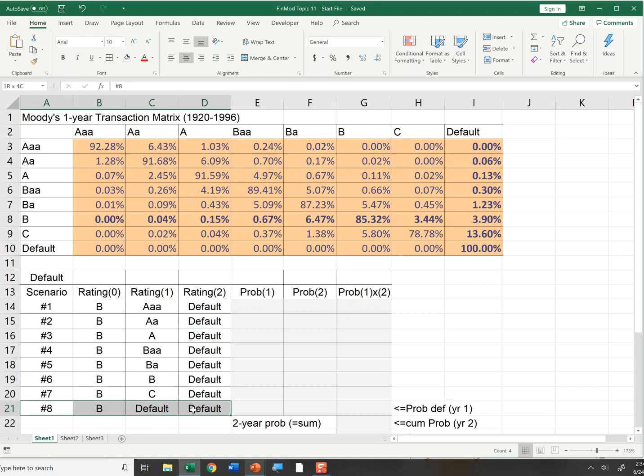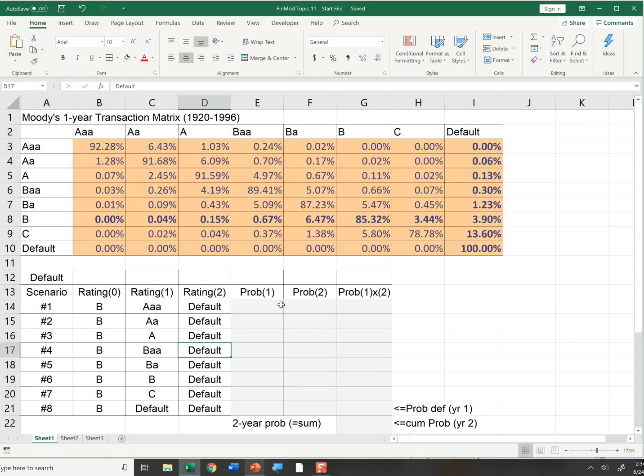A B-rated bond is rated B today, defaults next year, remains in default. Another highly probable event might be that a B-rated firm gets downgraded in the first year and then goes into default. Another highly probable is that a B-rated firm remains a B at 1 year and then goes into default. Let's look at a really improbable scenario. A B-rated firm gets upgraded to a AAA, then dies.